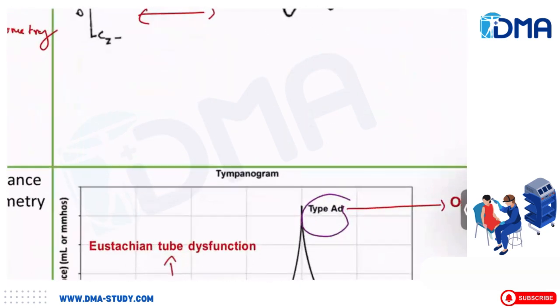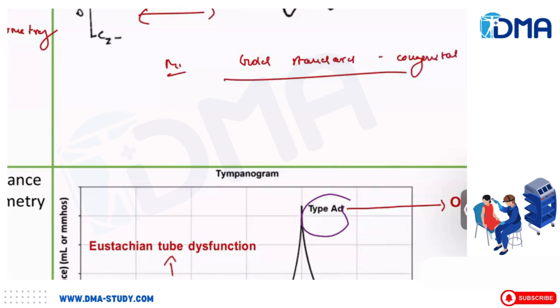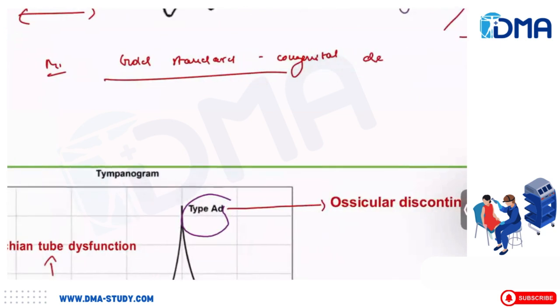It is the gold standard test for diagnosing congenital deafness. Then it is also used to differentiate between cochlear and retrocochlear deafness.